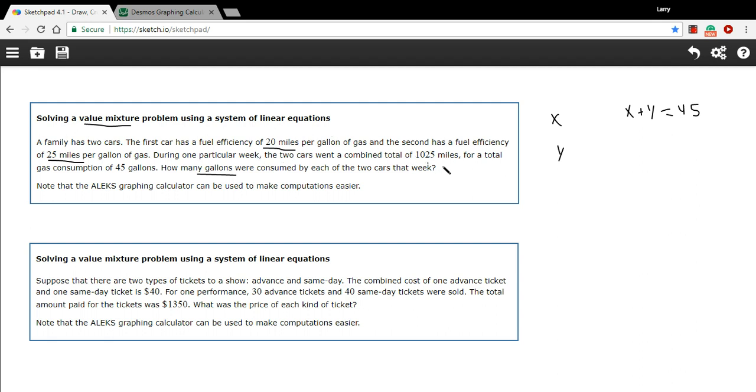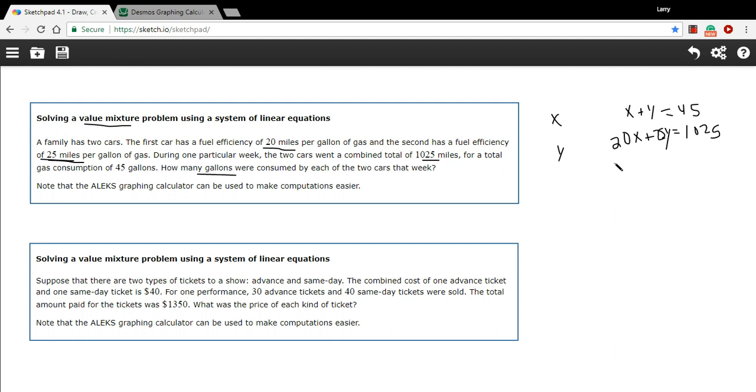So we can write another sum equation by saying 20, the rate of gas consumption, times the number of gallons being used is going to give us the miles that were driven for the first car. And for the second one, it'll be 25 times Y. And that should be the number of miles driven, and that total was 1,025.